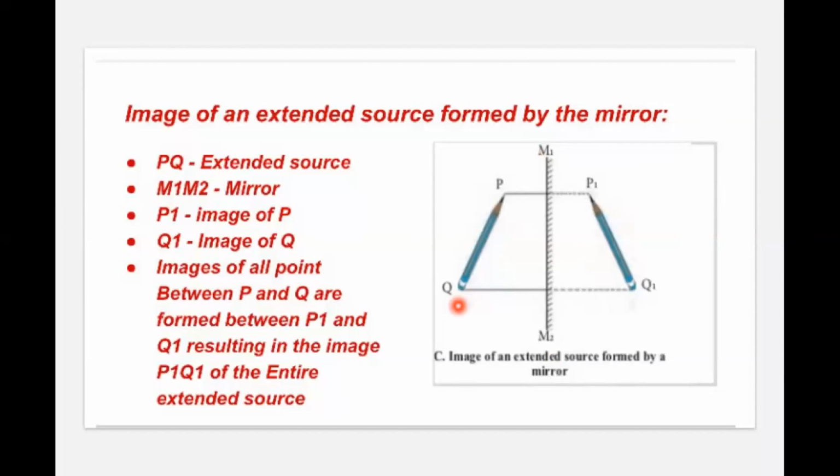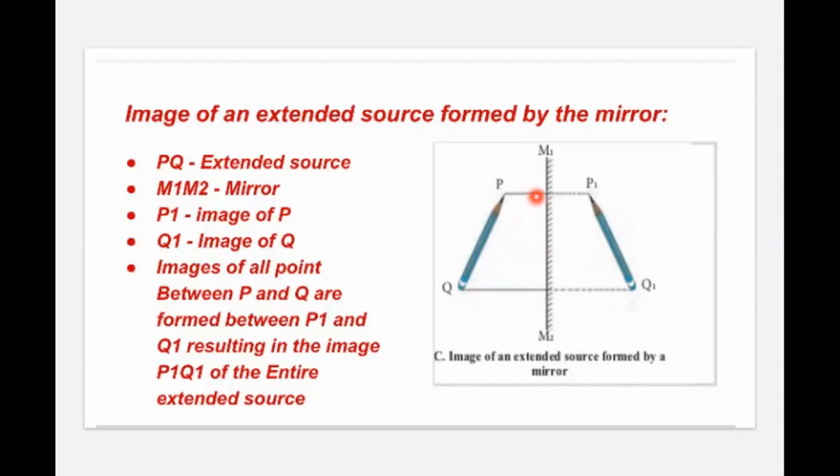We are placing a pencil PQ. P represents the tip and Q represents the end of the pencil. Now, such an object would be called an extended source. It is also called an extended image. The ray of light falling on the reflecting surface of this mirror M1, M2 you can represent with a line.